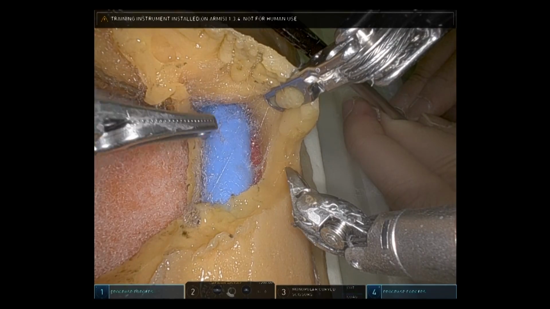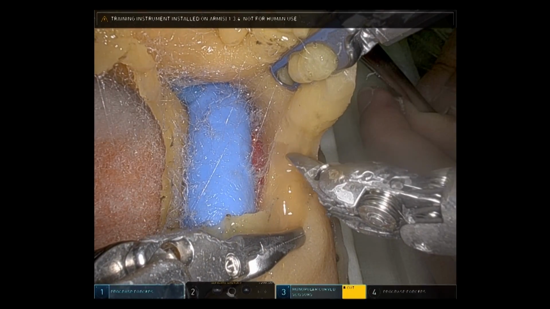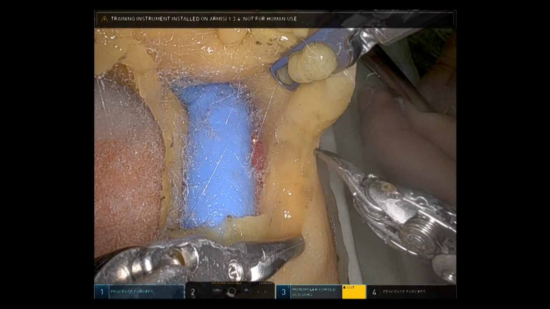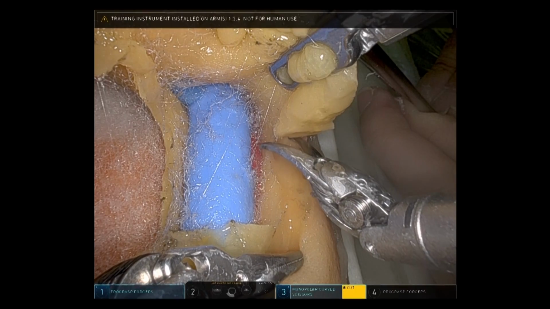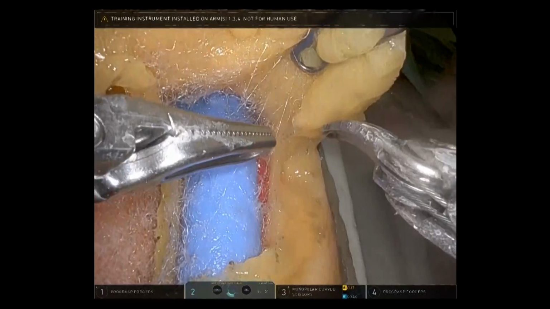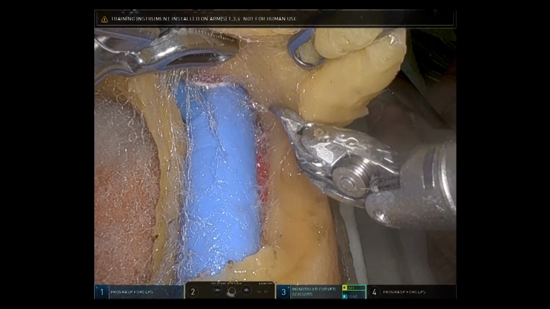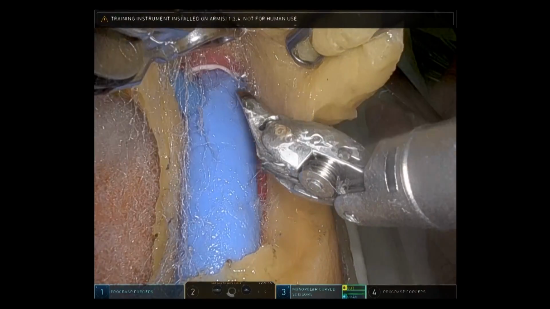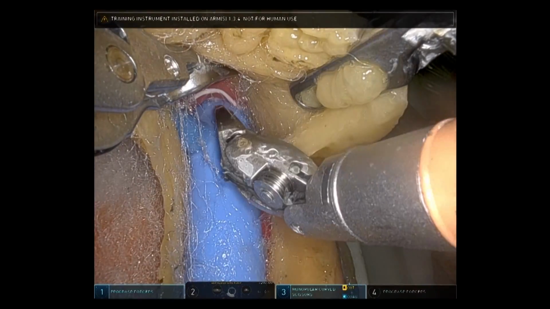The boundary of the dissection is defined along the left border of the SMA. Nerve fibers are present around the SMA in this model, and caution must be taken to avoid injuring them.